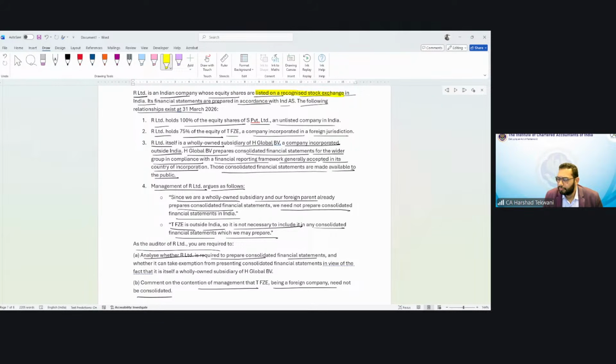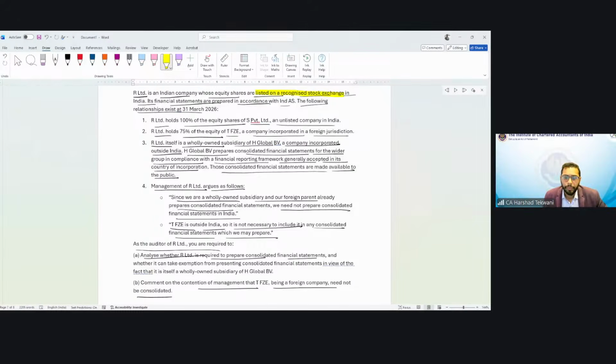Sir, since it is a subsidiary of R Limited, it is itself qualified to be part of the CFS, whether in India or outside India. But is there anywhere written that all subsidiaries are required to be taken? I could say I need to take only Indian subsidiaries. Why am I taking outside ones also?